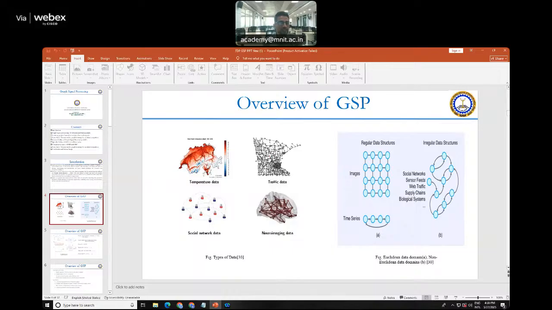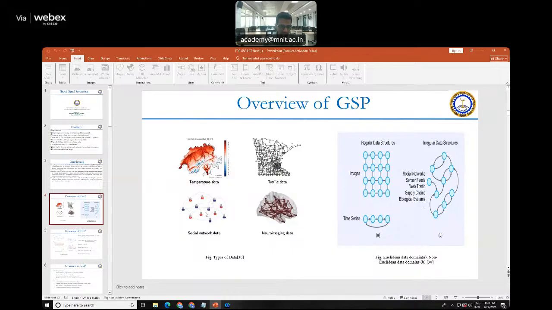In the same way, traffic data. You can take the example of any city. What do you see? Some places are very, very crowded, for example, the main market in any city. What is interesting to observe is that when we see it collectively, we are able to see different patterns.